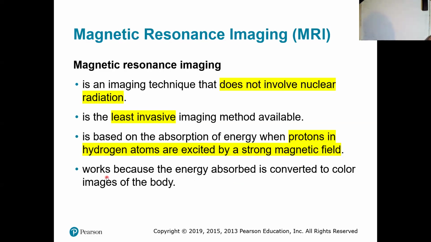And this is going to give us the visualization that we need because the energy that's absorbed is going to be converted to color images of the body. So you'll be able to see the different energy values as different color, when you're looking at it visually.